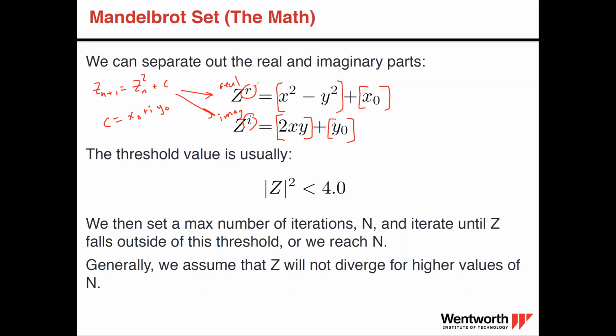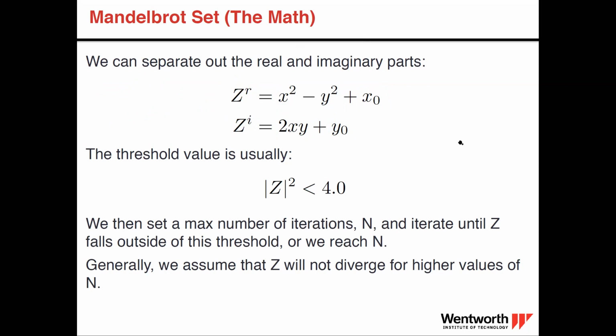So it's pretty easy. We just need to know an x and a y, and we can code up that original equation, z equals z squared plus c. But we do it in two equations rather than one, because we have the real part and the imaginary part. Now, typically to get your pixel color, so you saw we had some white pixels, some gray pixels, and a lot of black pixels in the image, what you do is you pick a value of c, and you run that equation.